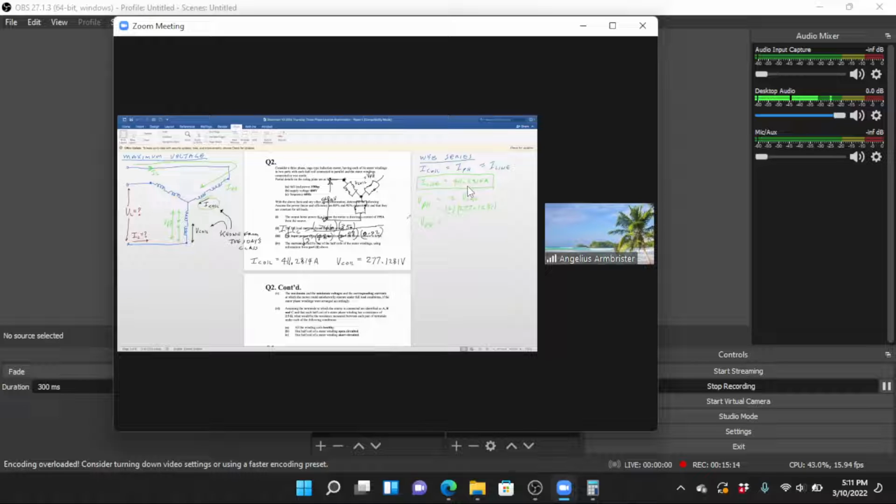That's the maximum voltage right there. Because this is going to be the coil value, and double that to get the phase value, and then multiply by √3 to get the line value. So that'll be the maximum line value.